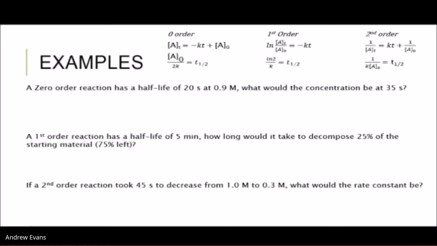Second order reaction took 45 seconds. T equals 45 to decrease from A sub 0 of 1 to A sub T of 0.3. What is the rate constant, K? In this case, we don't even need the half-life at all.